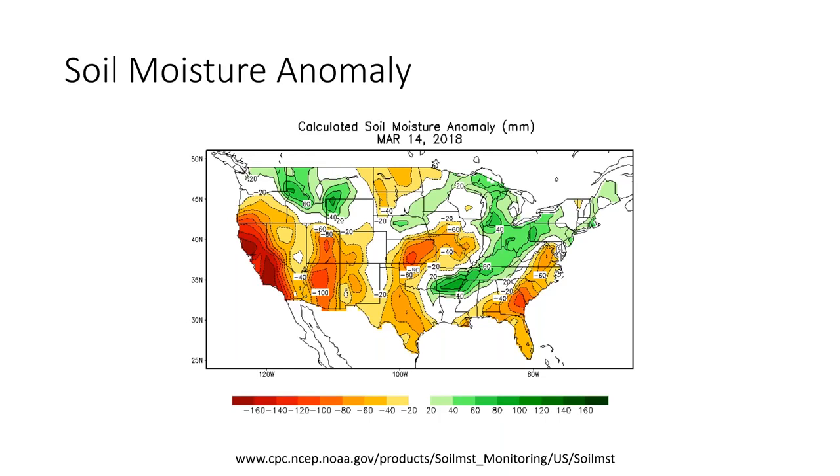In this figure, I've shown the Climate Prediction Center's modeled soil moisture anomaly for March 14th. I've shown here both deficits and surpluses of soil moisture, with orange to red shading indicating deficits, and light green to dark green shading indicating surpluses.